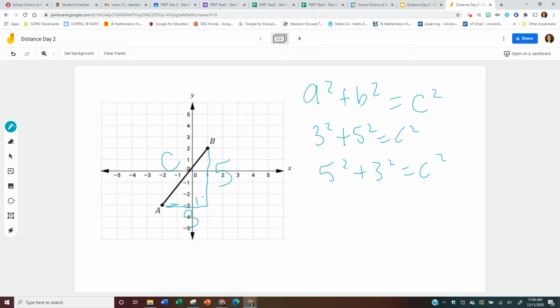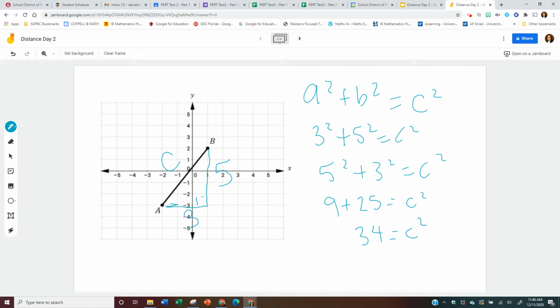Okay, so 3 squared is 9, 5 squared is 25, right? And then when I add these together, 9 plus 25, I get 34. What was I thinking? It's been a day.